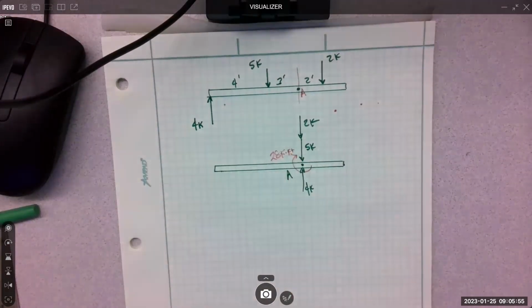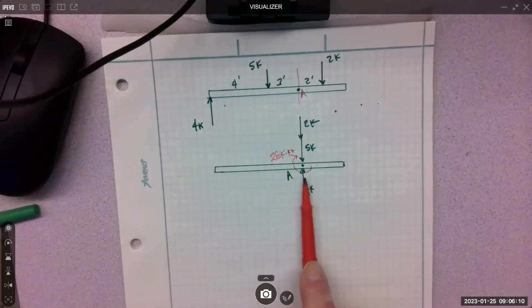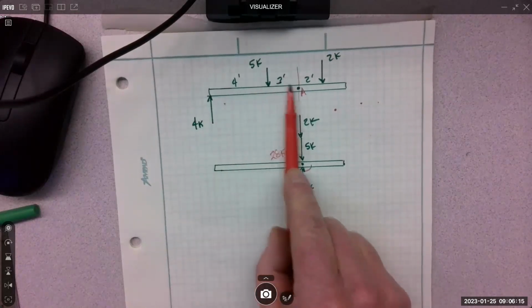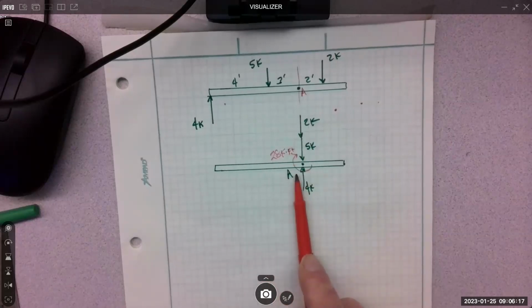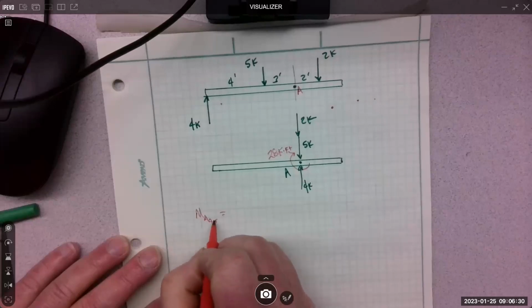Forces in a straight line, you have to apply the opposite. In order to move forces, you have to take their rotation with them. In order to move the 4K to here, I have to take the moment, which is 4K times 7, with it. So I can write it the way we wrote it before, which is the moment about point A of the 4K is equal to what?